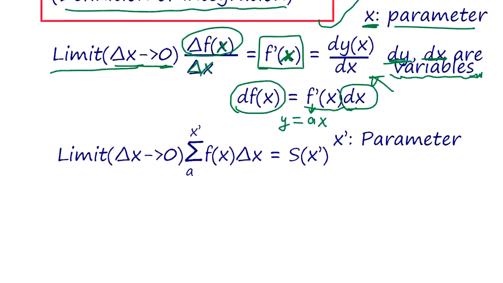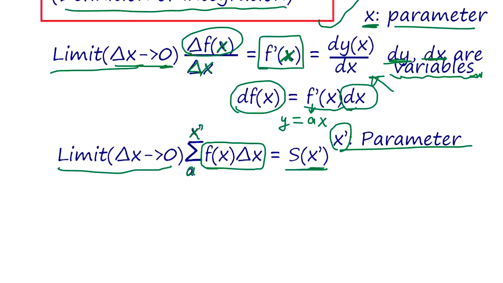So what is an integral? An integral is the limit as delta x goes to 0, and this is an infinitesimally small number because delta x is very close to 0, and you add up from an arbitrary constant a to x prime, then you get a function with the parameter x prime.